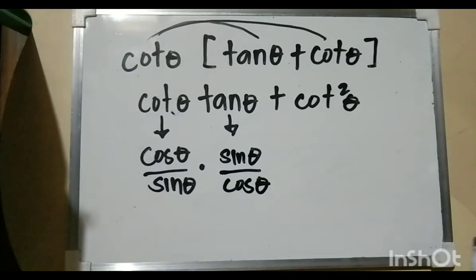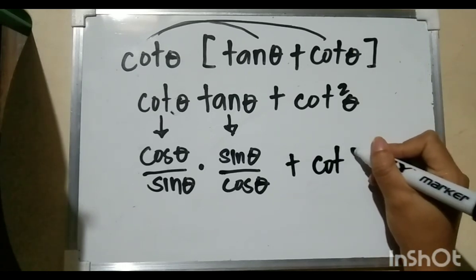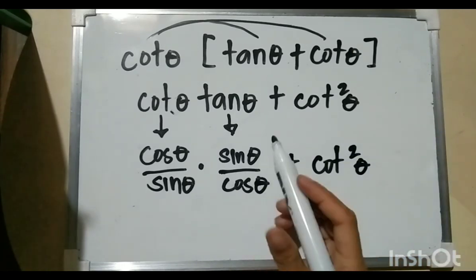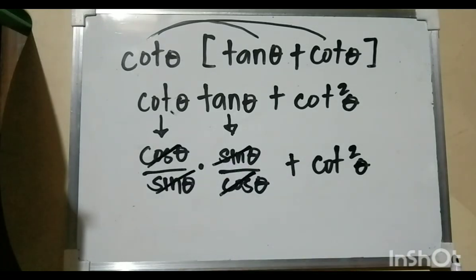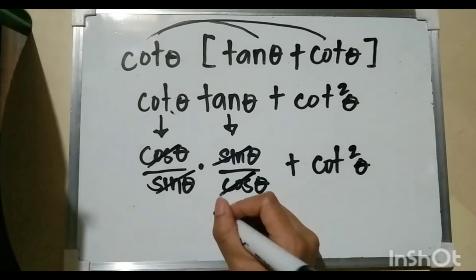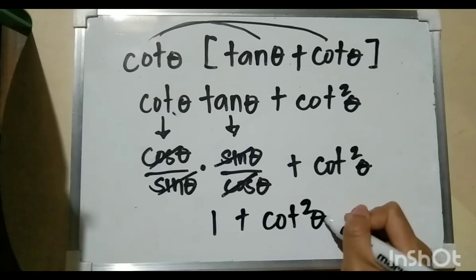Now we copy the remaining cotangent squared theta and cancel these out, so this will become 1 plus cotangent squared theta.